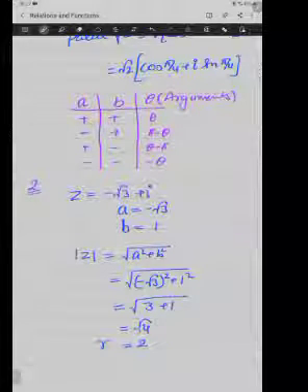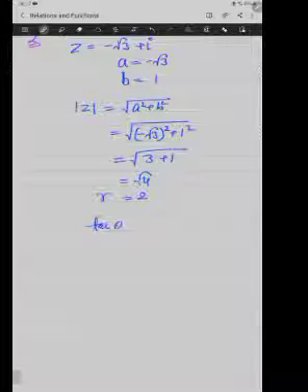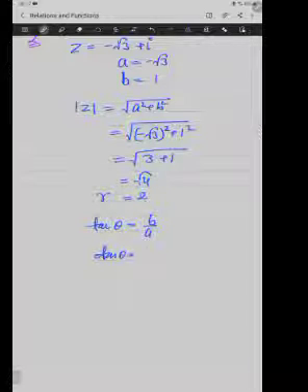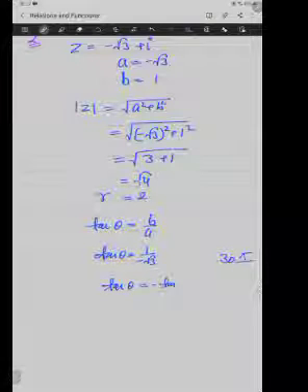This is also said as r. After that, we need to calculate theta. For that, tan theta is equal to b upon a, so tan theta is equal to 1 upon minus root 3. This says that tan theta is equal to minus tan of 1 by root 3, which is 30 degrees. Multiplying by pi upon 180, so pi by 6 radian.